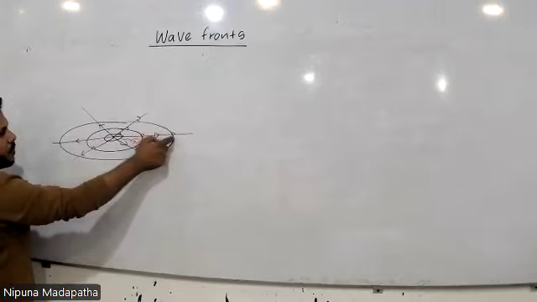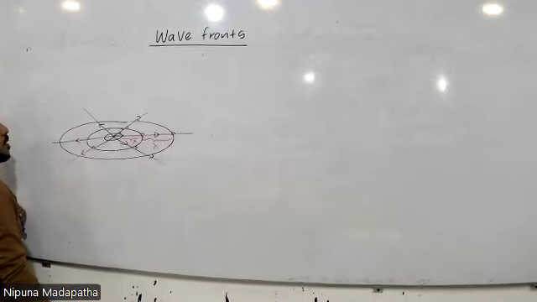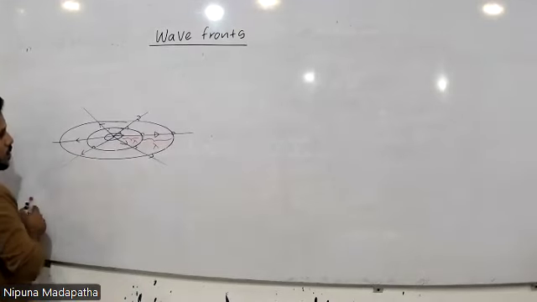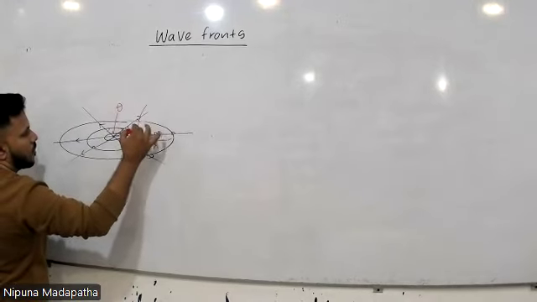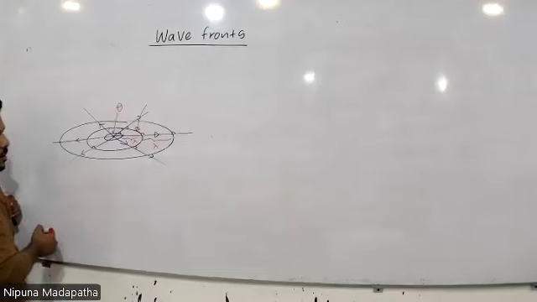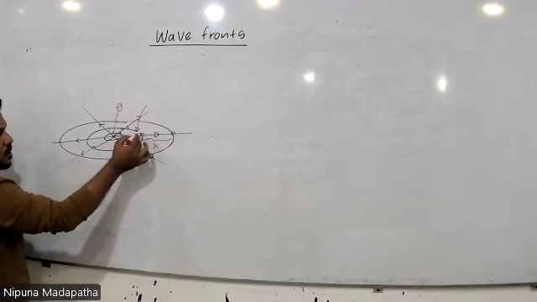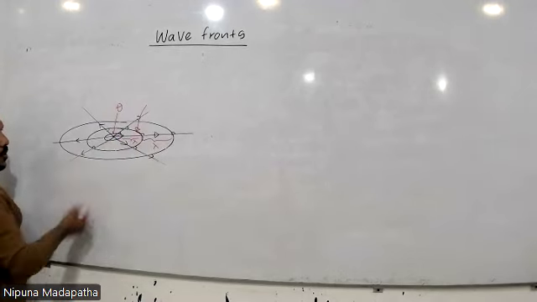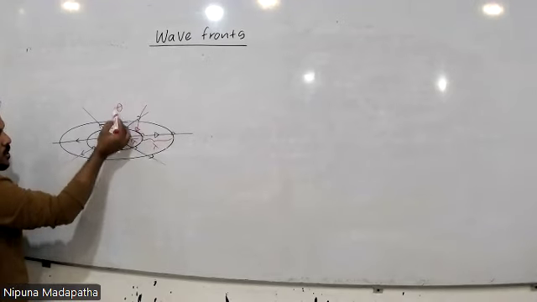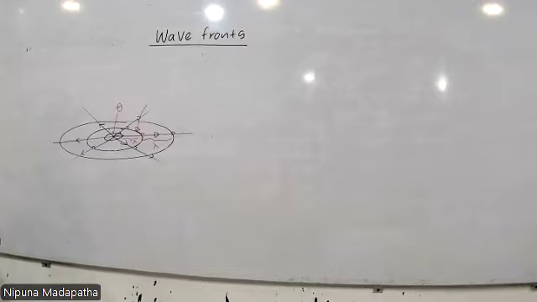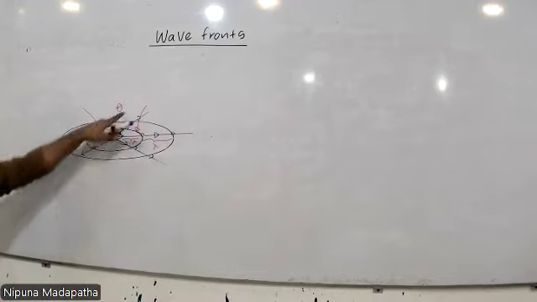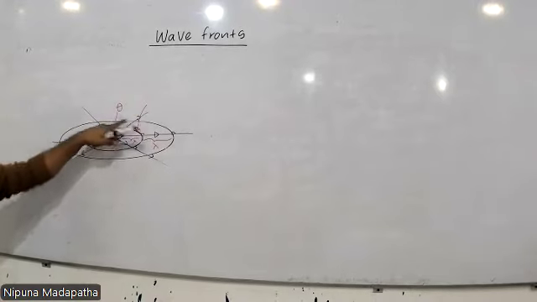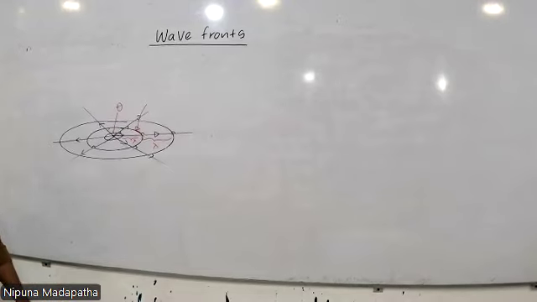The phase difference of the particles is 2 pi. If the phase angle of particles in this wavefront is theta, what should be the phase angle of particles on the next wavefront? The phase difference must be 2 pi, so the phase angle must be 2 pi more than theta.